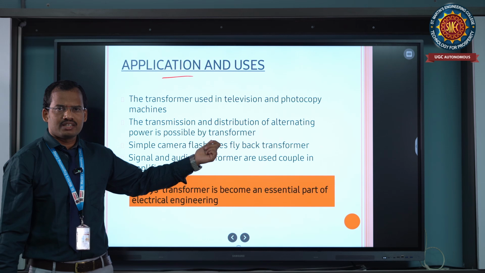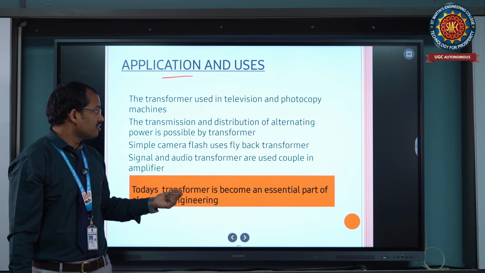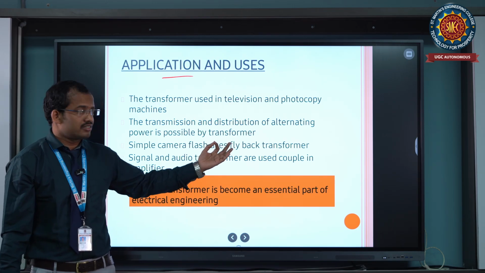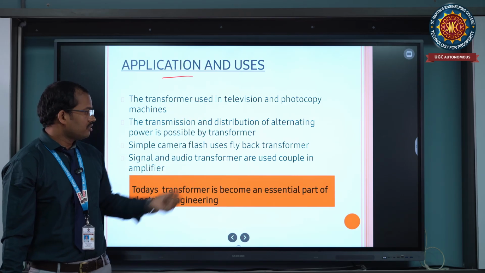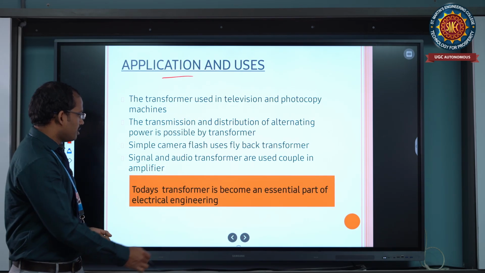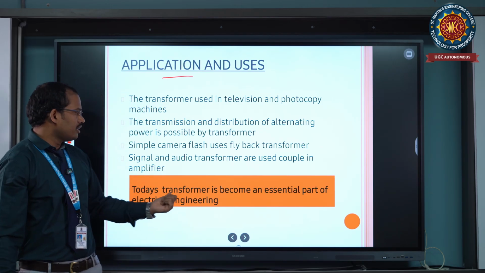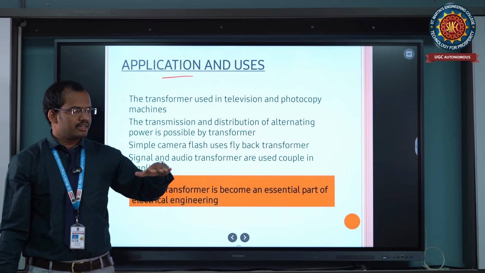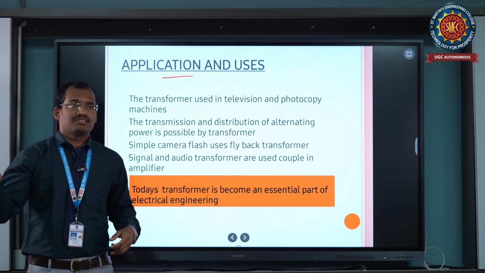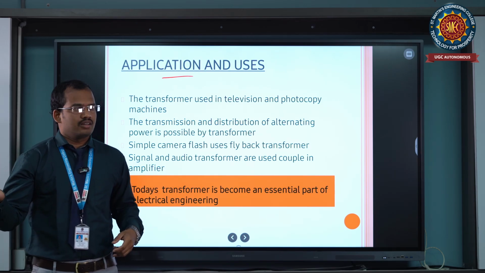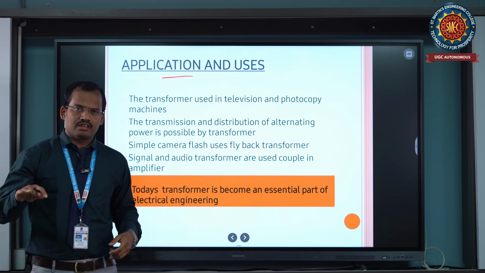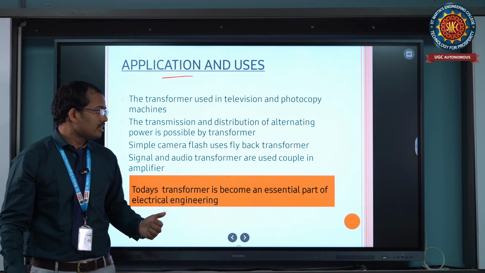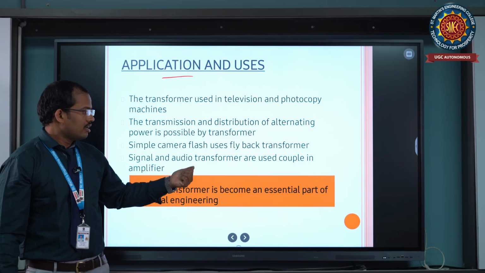So these are the main applications of the transformer. An essential part of the transformer is to reduce the voltage levels. We step down the voltage for things like fans, housing purposes, and lights, and then we use it for domestic and industrial purposes. So these are the major applications and uses of the transformer.